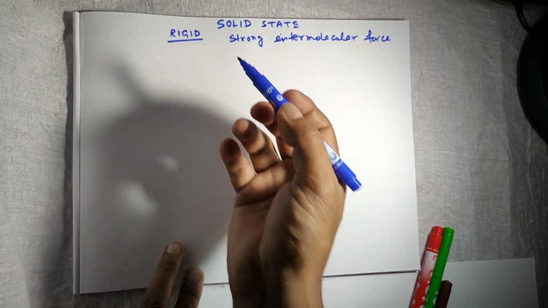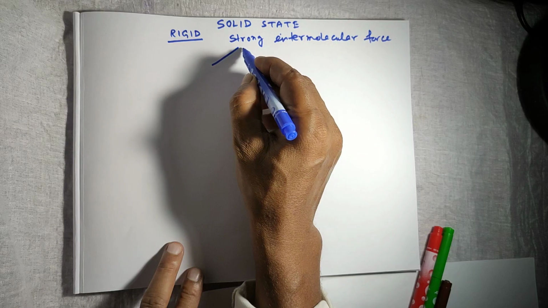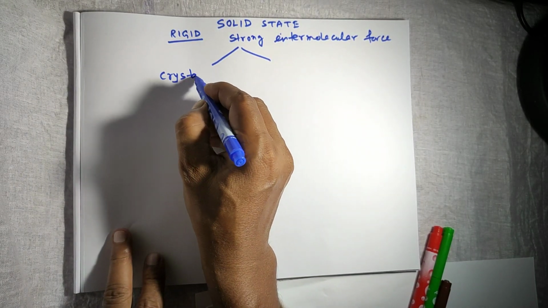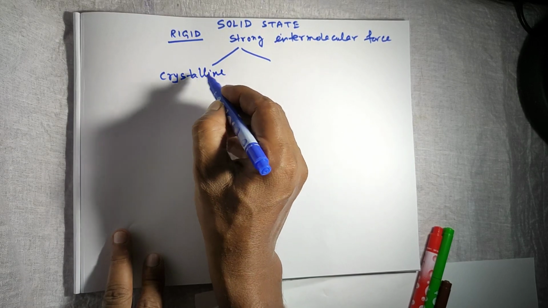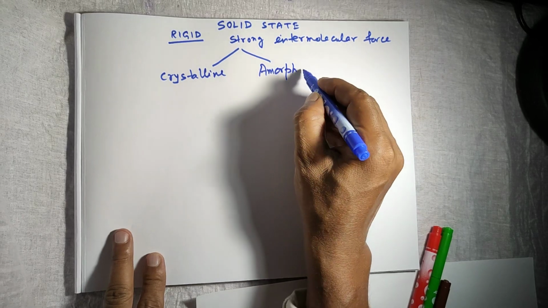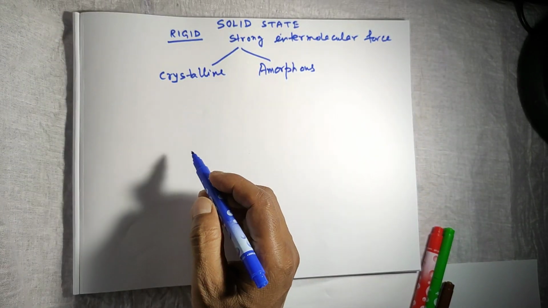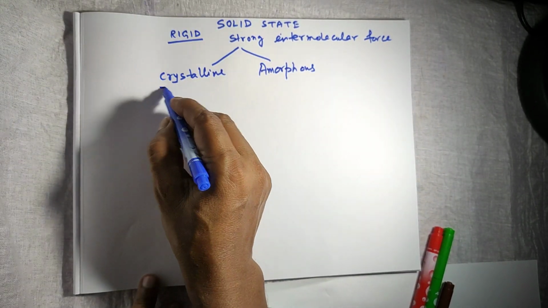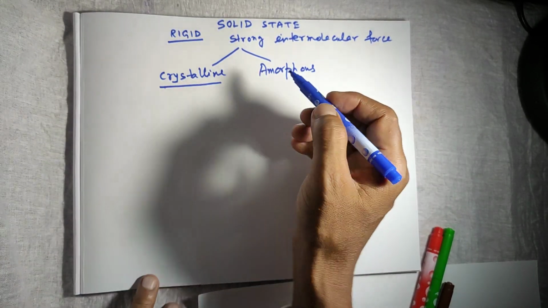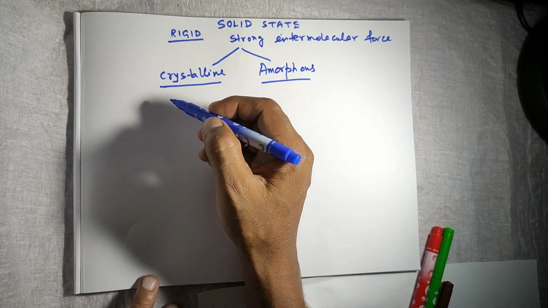Okay, there are mainly two types of solid. Number one, crystalline solid. Another one is amorphous. Crystalline is basically well organized. This is basically an organized solid, the true solid. In case of amorphous, it is disorganized.